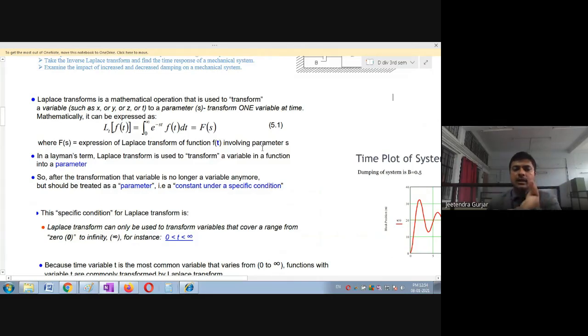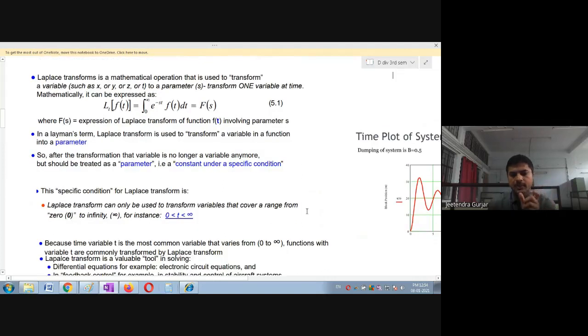In layman terms, Laplace transformation is used to transform a variable into a parameter. You can just see how they have transformed. After the transformation, that variable is no longer a variable anymore, students. Please remember, it should be treated as a parameter or constant under a specific condition.